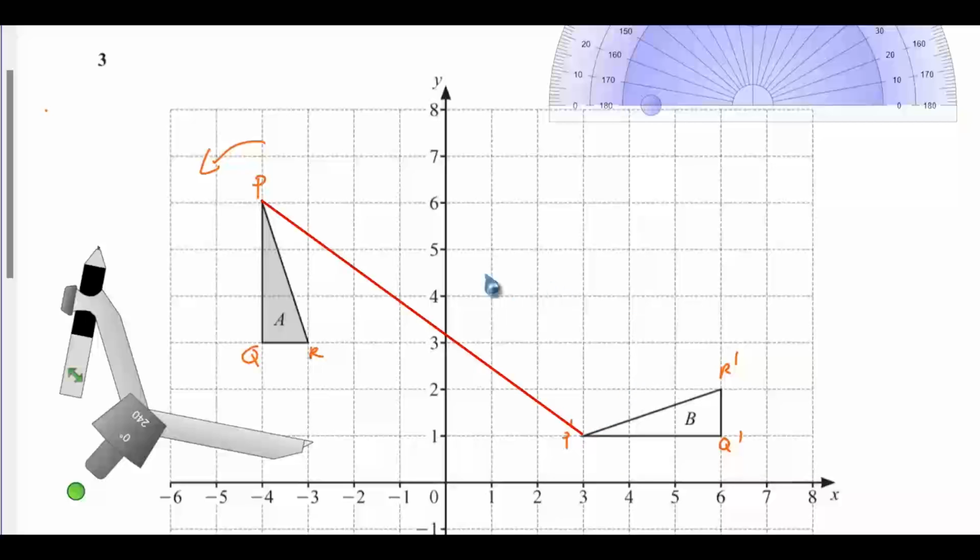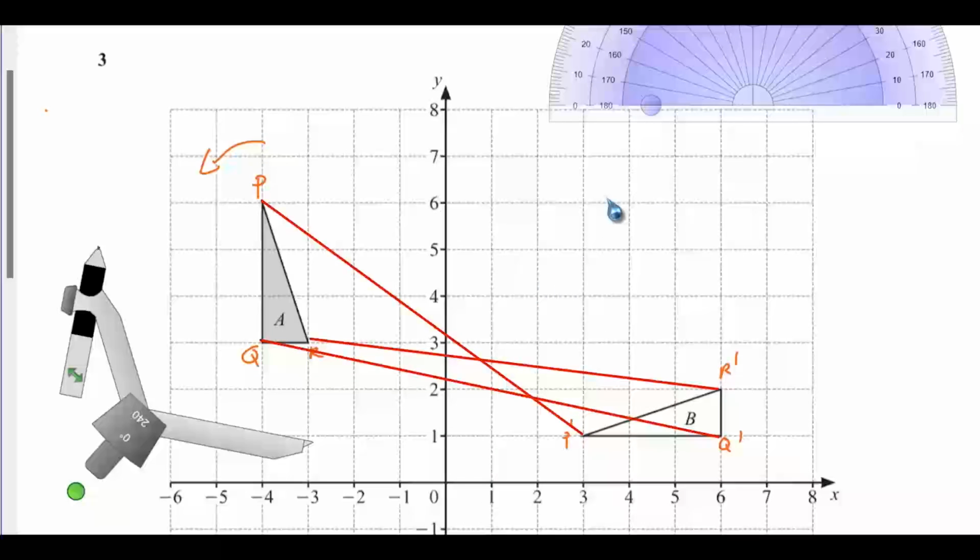We'll also connect Q and Q prime together and bisect this. And we may want to do the third one by connecting these together, and bisect them as well. Where the perpendicular bisectors of these lines meet is the center of rotation. So I'm going to do that and show you the results.